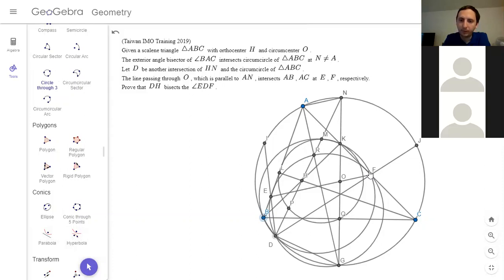So we can show BDMK is cyclic by power of a point. We just need to show F lies on it.